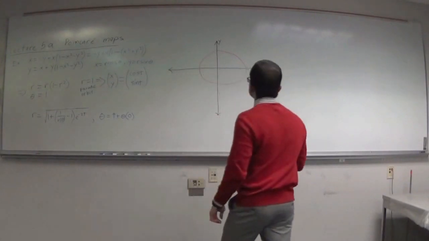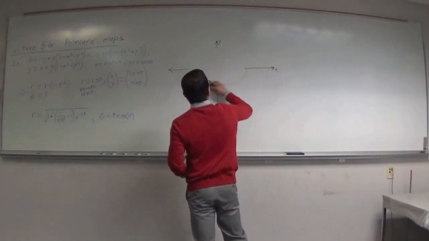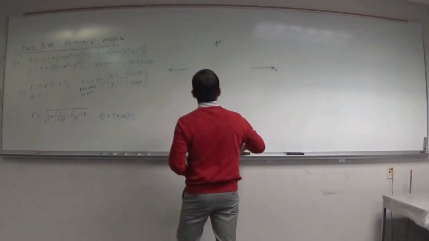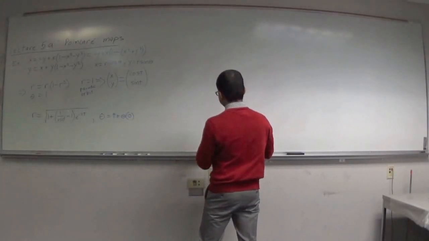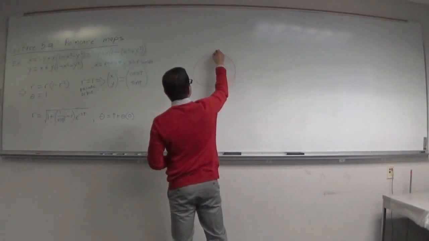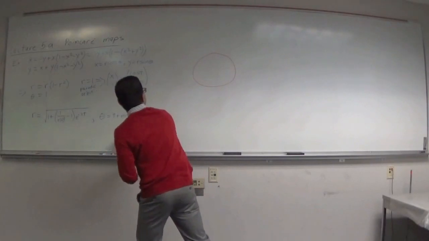This is very poorly drawn, so let me try to draw it better. I'm going to draw the periodic orbit first, and then sketch the coordinates.